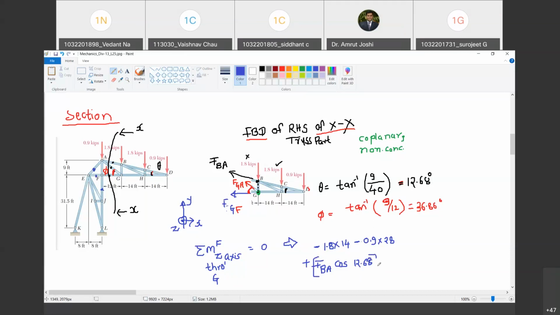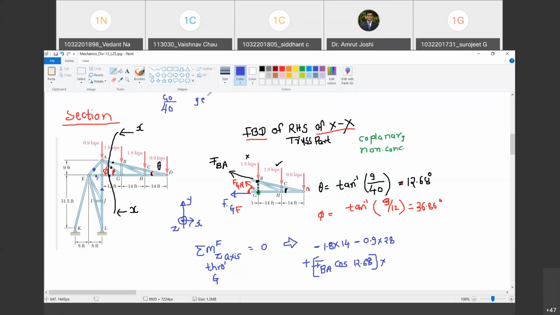And what is the moment? FBA cos theta multiplied by the vertical distance of the horizontal force from G. How much is this vertical distance? So I need to calculate this distance BG. Do you agree with me? Yes, sir. Now look at triangle BGD and look at triangle AFD. They are similar triangles. Happy? Yes, sir. So go distance 40 from D and you get 9 feet.